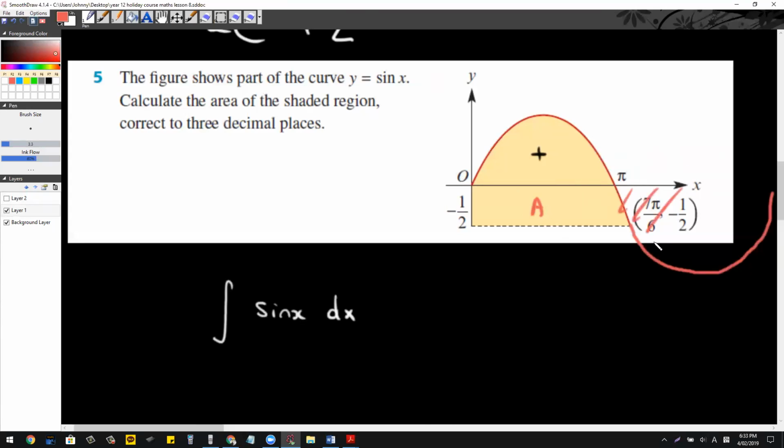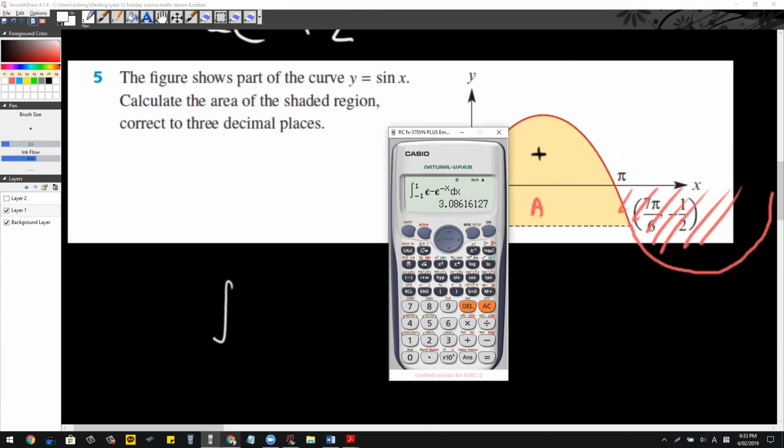Well, this area here is the area between the sine curve and the x-axis, so that's easy to find with just sine of x alone. So I want you to suggest what we should do to find the area here, all of this. You can do this all in one go. Okay? So I want you to try that.